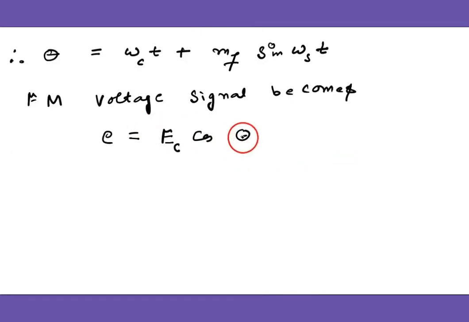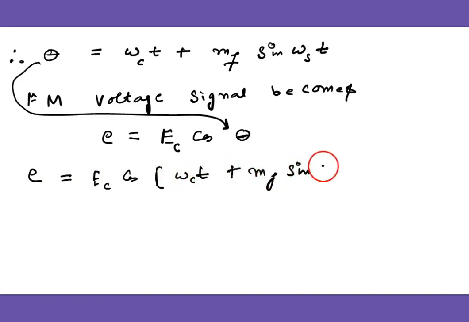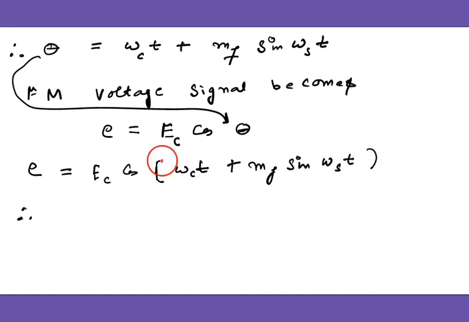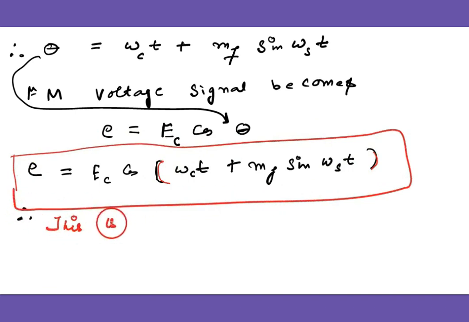So the FM voltage signal becomes, substituting theta here, this is the voltage signal of the modulated wave, the new wave which is now formed. This is the resultant FM wave.